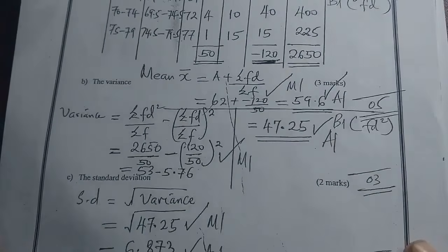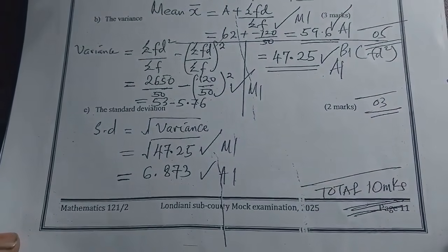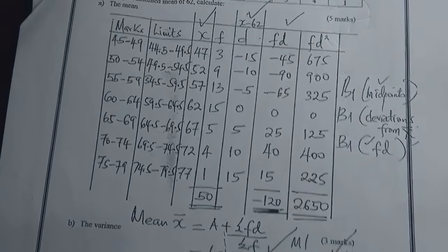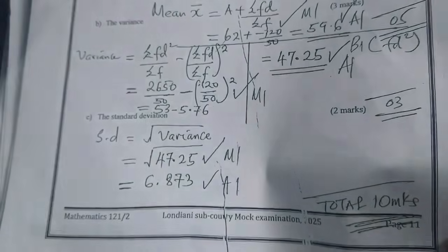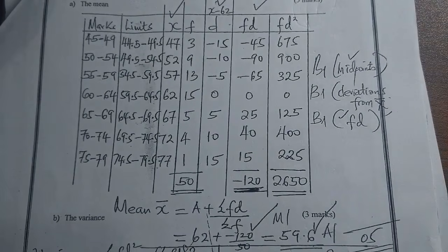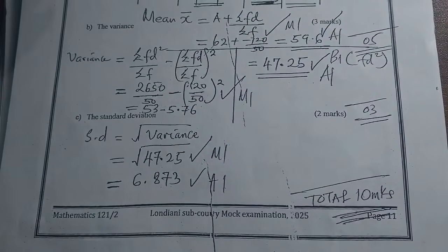I know you know how to calculate the variance and the standard deviation. I've given you the marking scheme so that you can try at your own time. But let me show you how to confirm your answer. You must be sure of what you are doing.